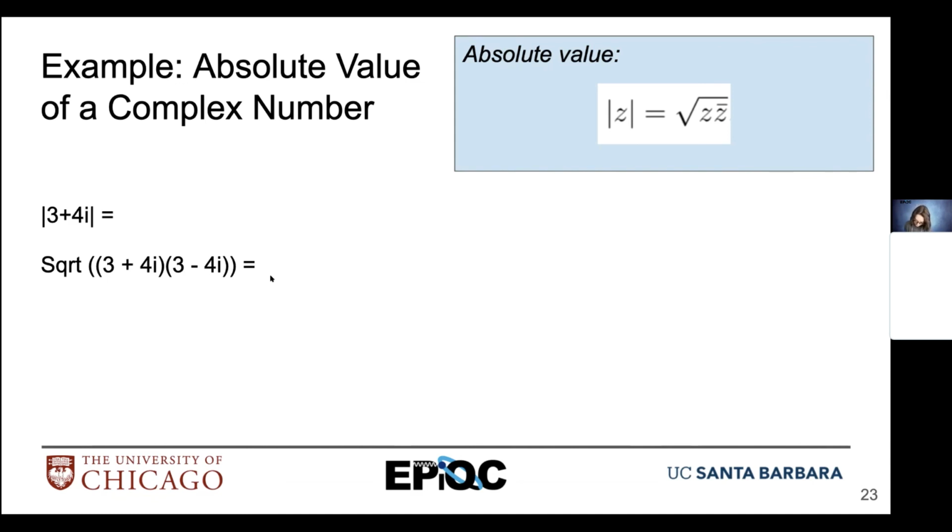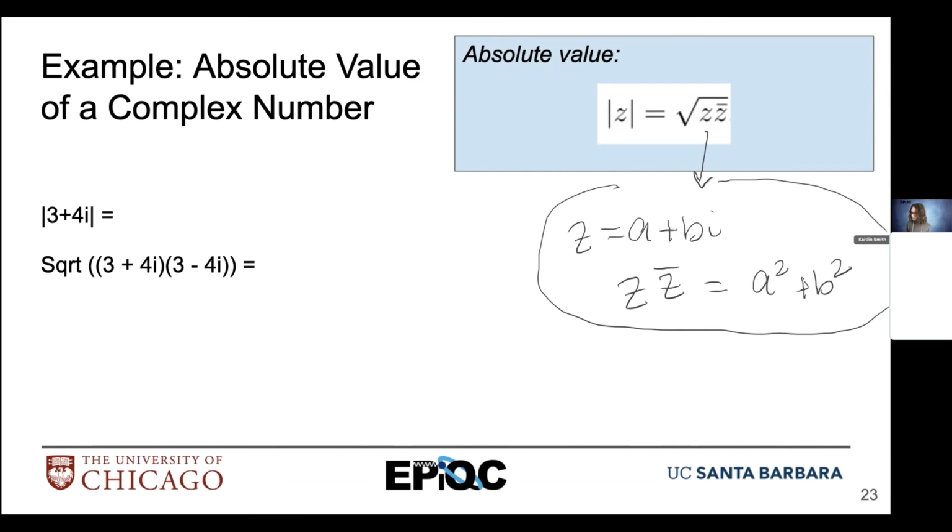Just to summarize, we have z equal to a plus bi, and z times its complex conjugate is going to be equal to a squared plus b squared. So I'll keep this here so y'all can go ahead and write it down. We'll multiply this all out just to confirm, but we'll see that it's just going to be equal to a squared plus b squared for those portions within the complex number.